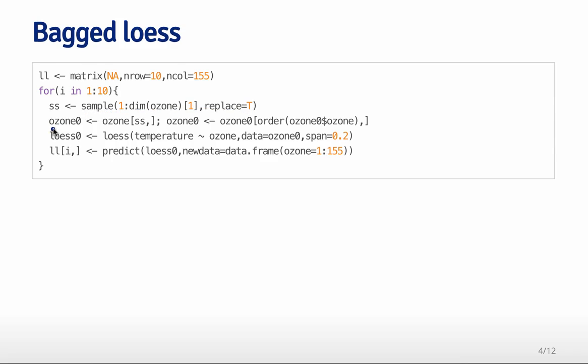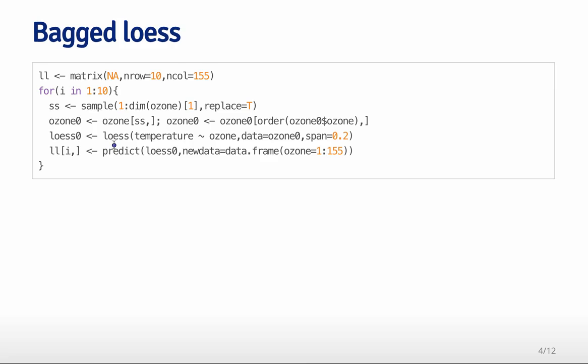Then I'm going to create a new data set, ozone0, which is the resampled data set for that particular element of the loop. That's just the subset of the data set corresponding to our random sample. Then I'm going to reorder the data set every time by the ozone variable, and you'll see why in just a minute. Then I fit a loess curve each time.